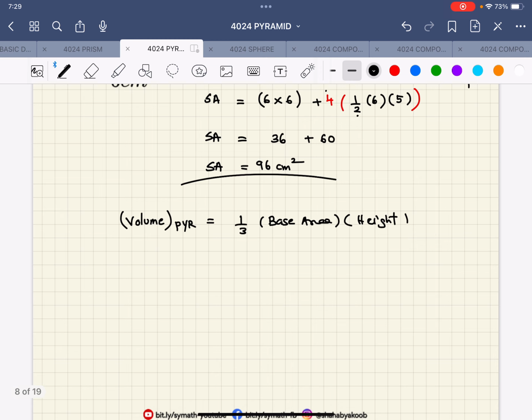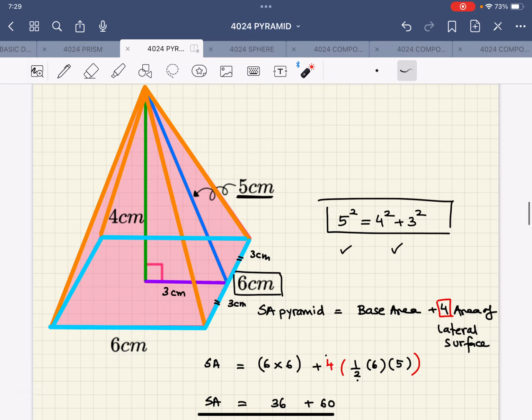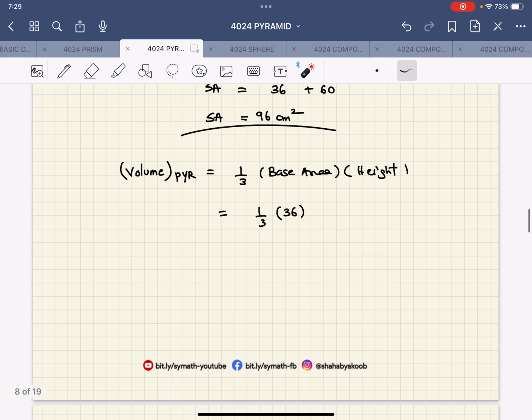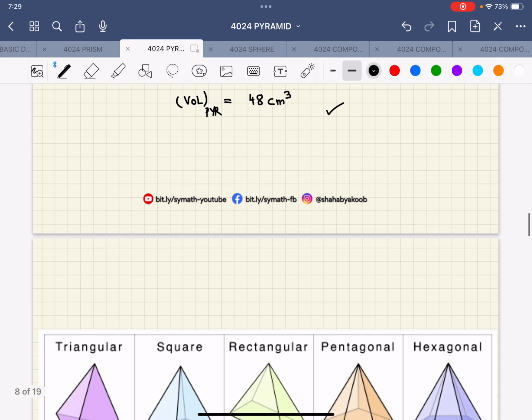So this is 1/3 into 36 into the perpendicular height, that is 4 over here. So let me write 4 over here. Therefore, 12 into 4, which comes out to be 48 centimeter cube. That is the volume of this pyramid. So this basic calculation is done.